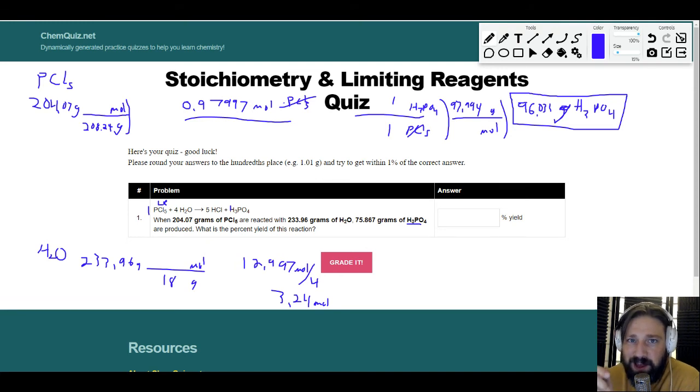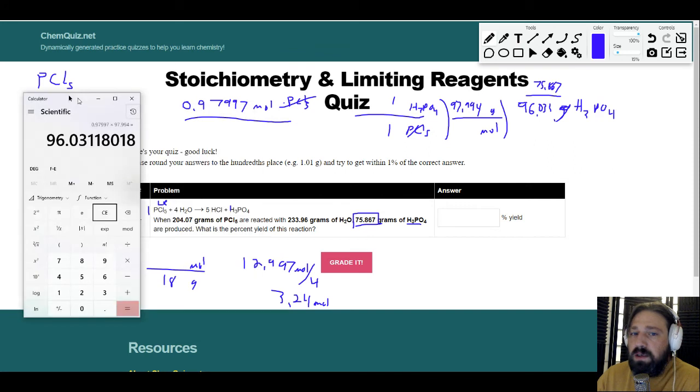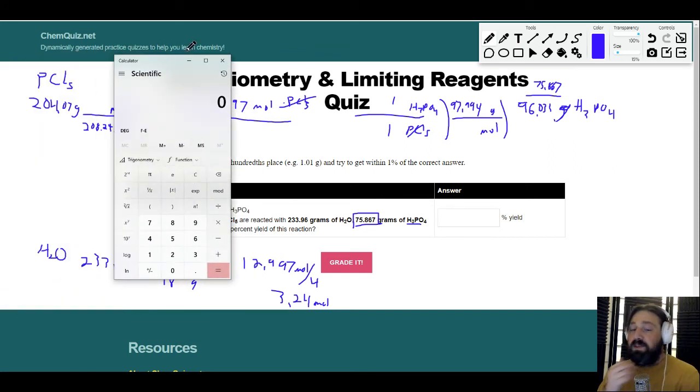But the world's not that way. Stuff can go wrong. So this is the perfect score, but you didn't get a perfect score. This is what you got. And so you just find the percentage. When you find a percentage, you take your actual, 75.867, divided by your theoretical, and then times it by 100 to get your percentage.